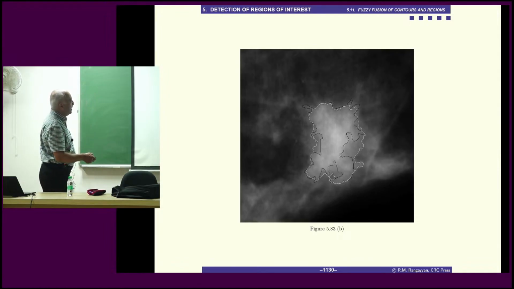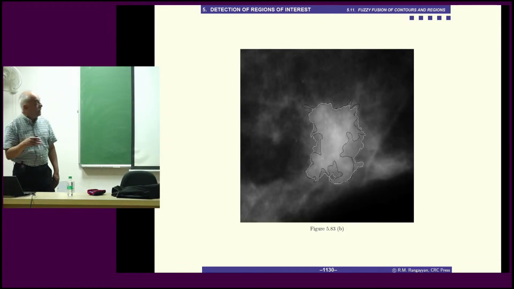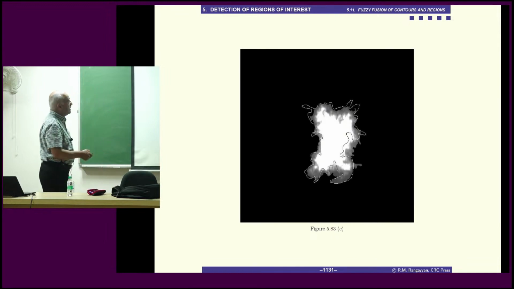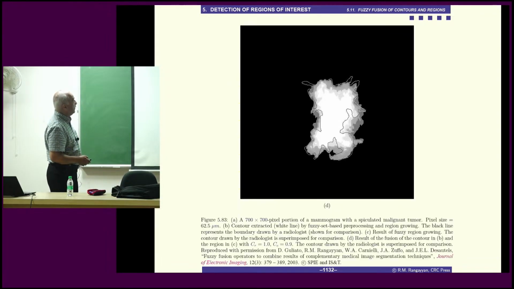The white line is obtained by region growing using the fuzzy set pre-processed image. So it includes the mass, but there is some excess material here. This was obtained by the fuzzy region growing method, which is not bad actually, except for a little bit there. Most of it is contained within the reference contour. And when you fuse them, the excess region outside the contour now has low membership.